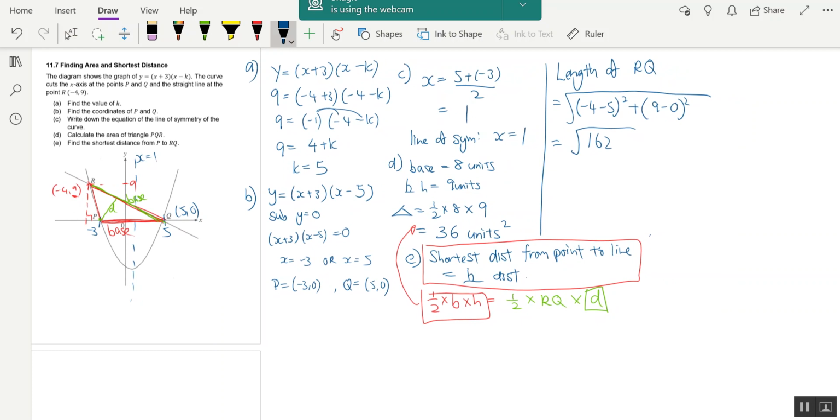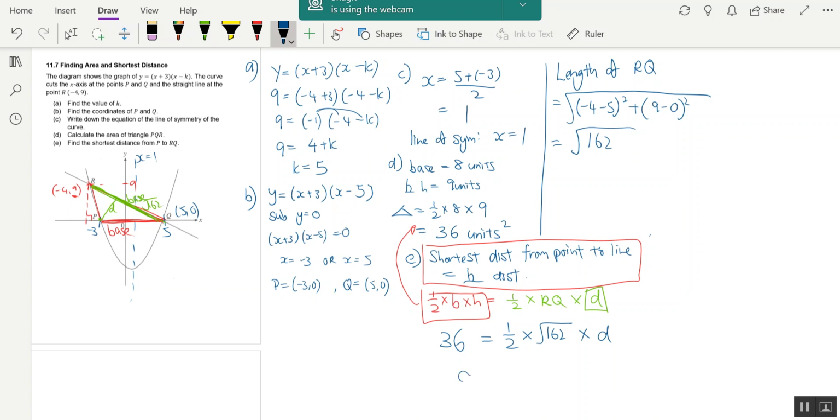This half times the red base times the perpendicular height we already have, and we know that this is equals to 36. Is equals to half times square root of 162 times d. This here is square root of 162. Okay, so I need to know what is half times base times height.